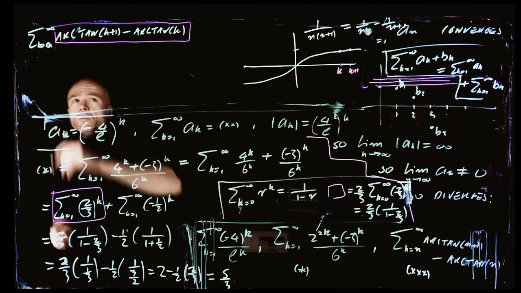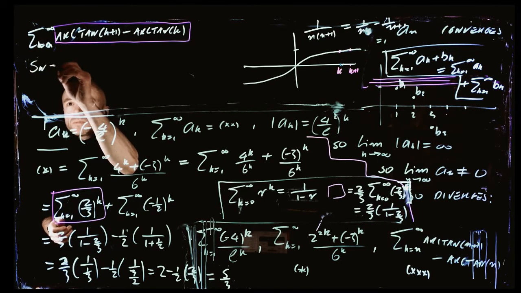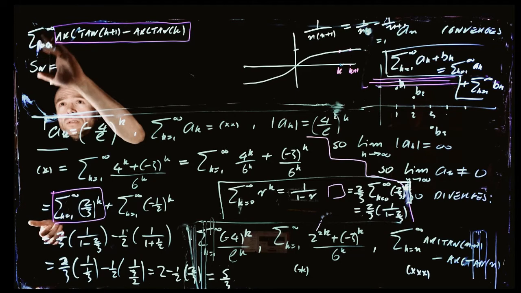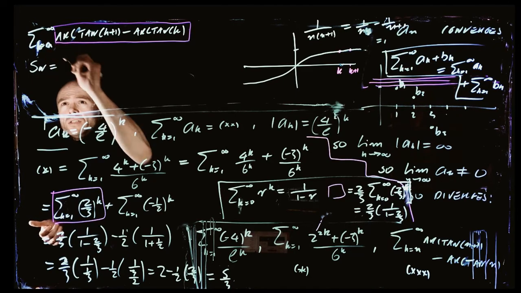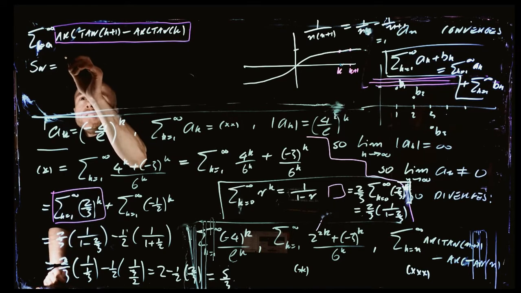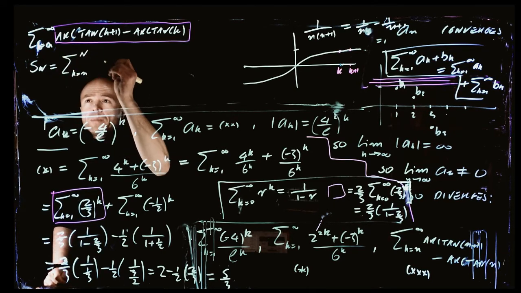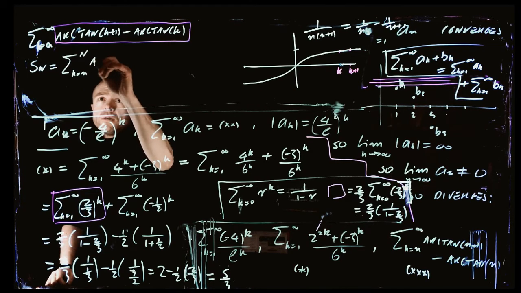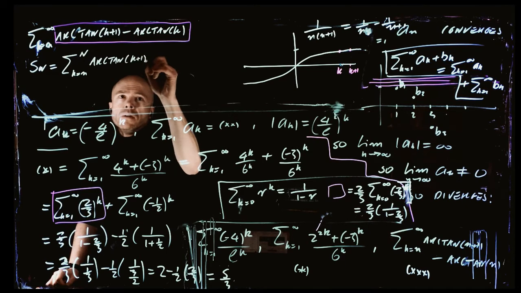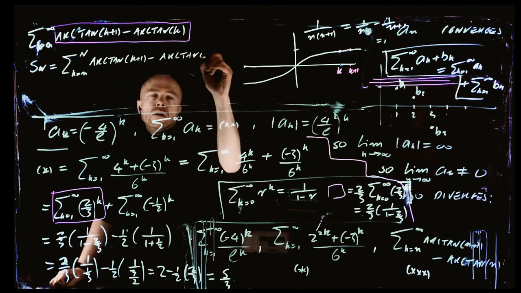So we're going to write out the partial sums, and then we're going to see what happens. So we call Sn. For some reason it starts at little n, but we're going to continue to do that. I think they're just trying to confuse you. It's not going to make much difference, but we start at little n. So we're going to sum from k equals little n all the way up to capital N of arctan of k plus 1 minus arctan of k.